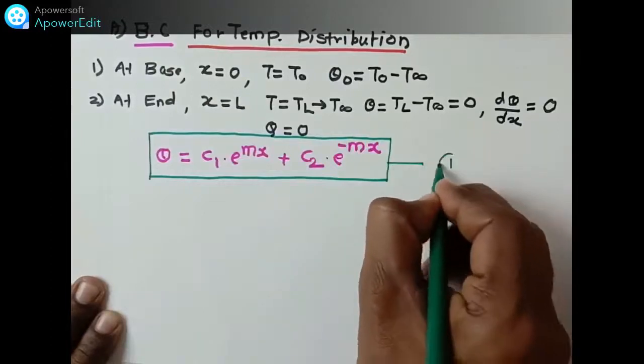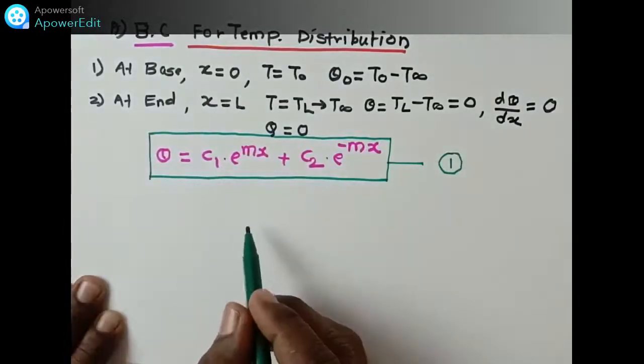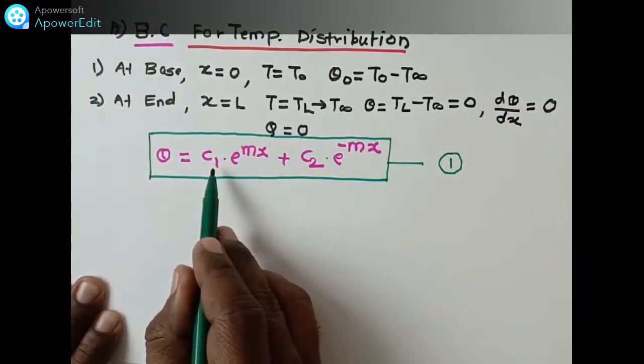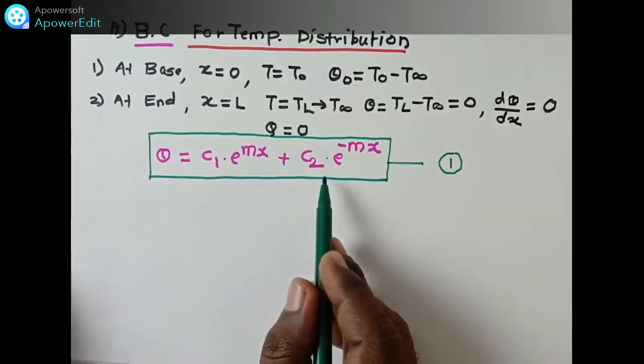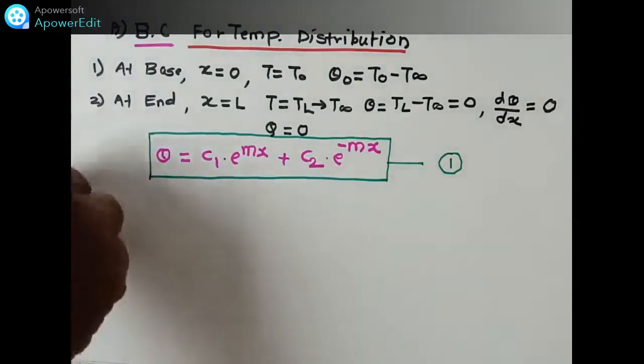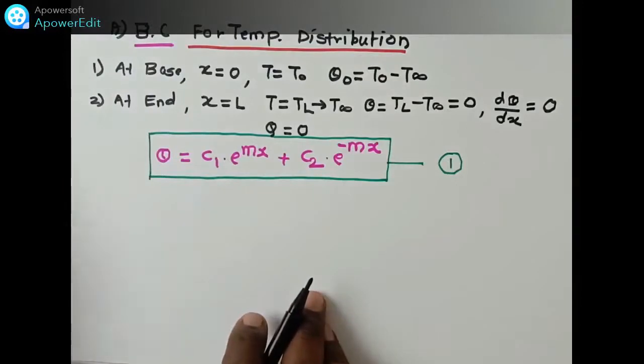Say this will be equation number 1. Now we have to find the value or expression for C1 and C2. So for that, apply the boundary conditions.